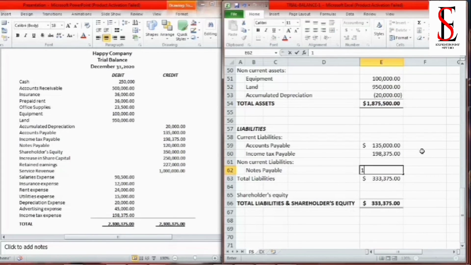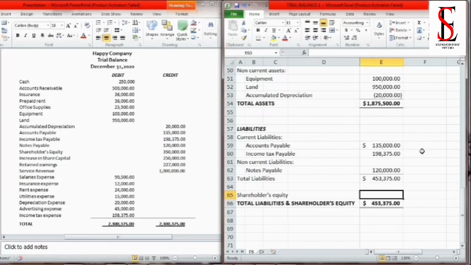So for the non-current liabilities is the note payable, which amounted to $120,000. To get the total liabilities, we will add the current liabilities and non-current liabilities.